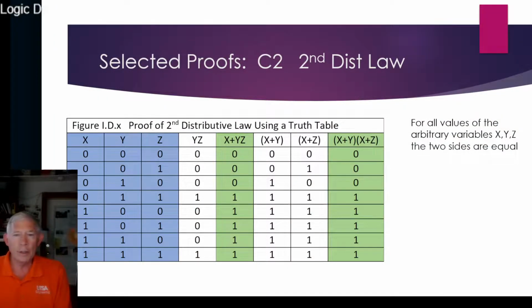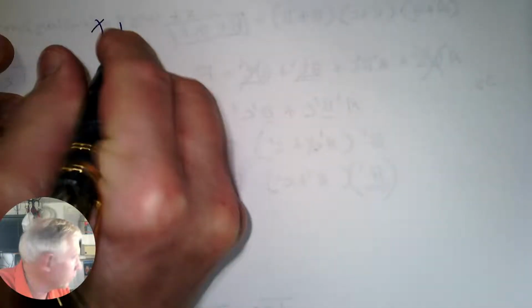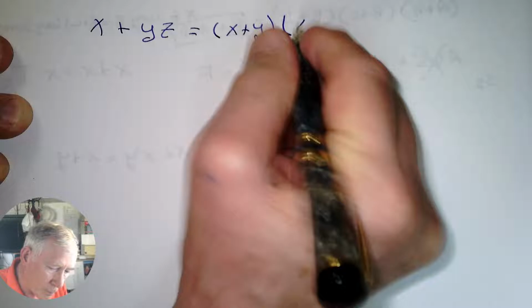All right. So the second distributive law, if you remember that, actually let's do that real quick. The second distributive law is x plus yz equals the quantity x plus y times the quantity x plus z.